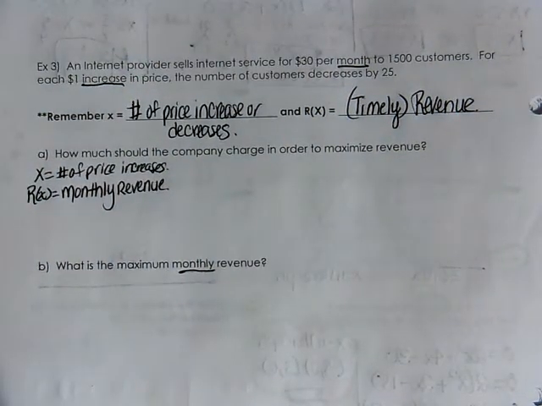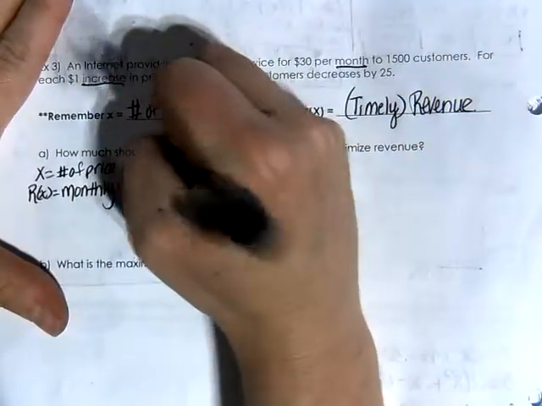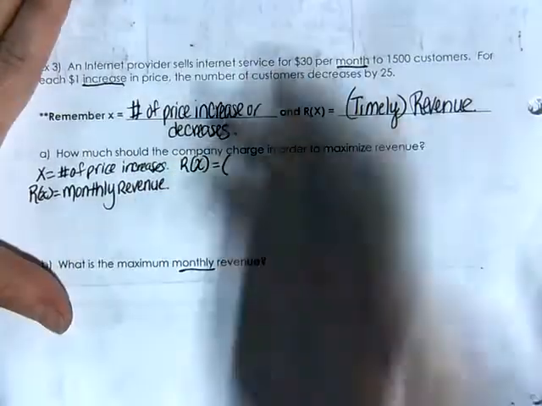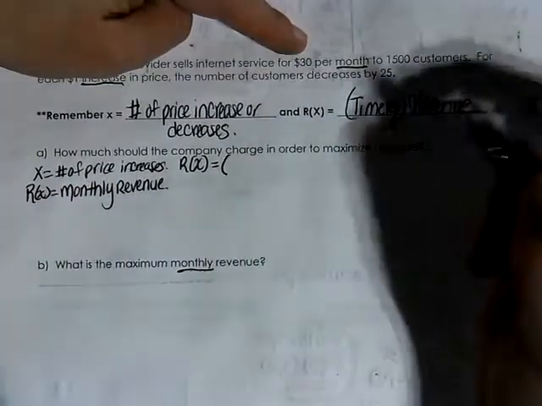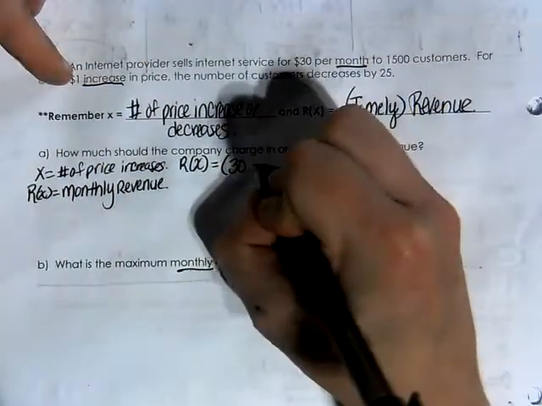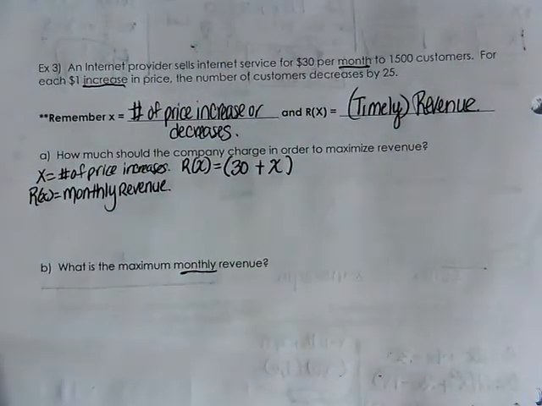And whenever we are working with revenue, we're always talking about price as it compares to quantity. So I'm going to write this as R of x equals, let's talk about price. What it starts off being goes first. And what it started off being was $30 per month. And the price is increasing by $1 each time. If it was $5, that would be plus 5x.